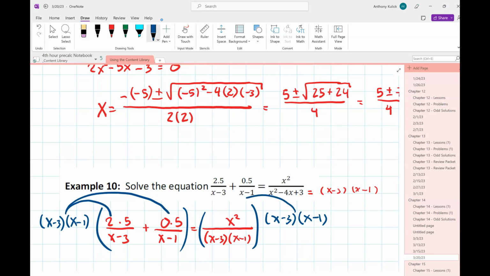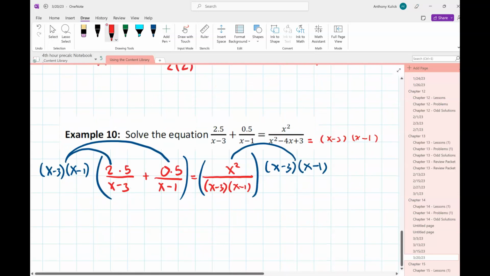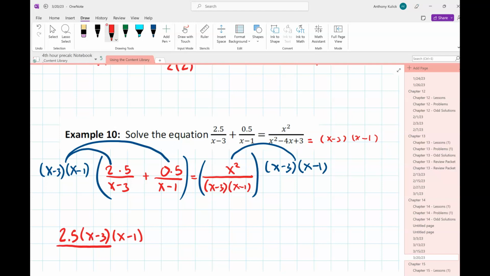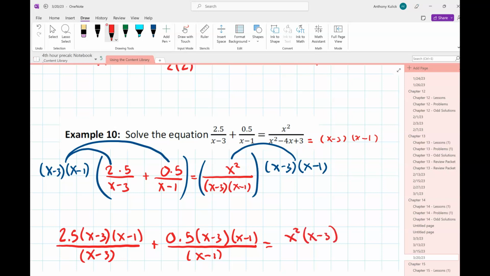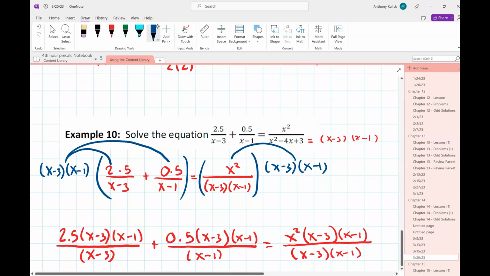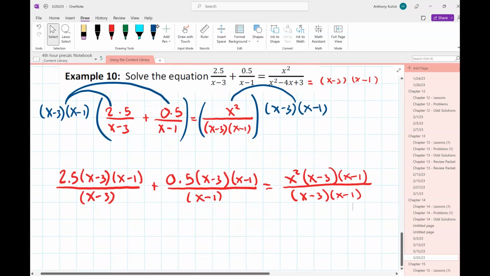So we'll distribute that through. Okay, multiplied it all out. What should I do next?